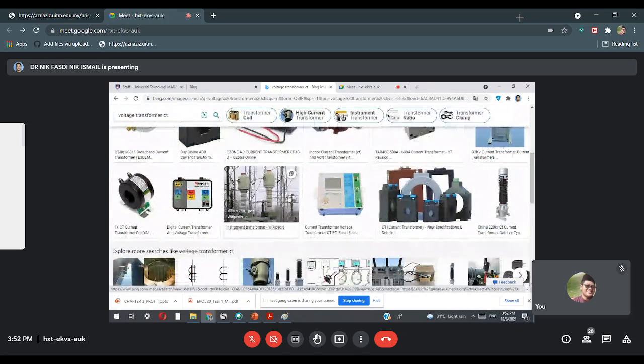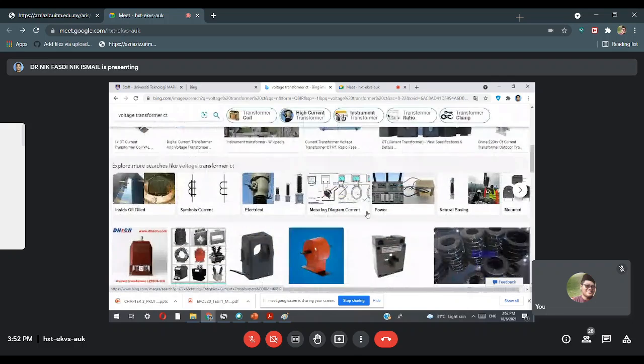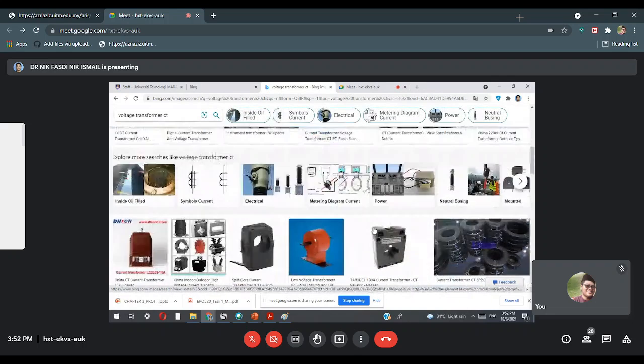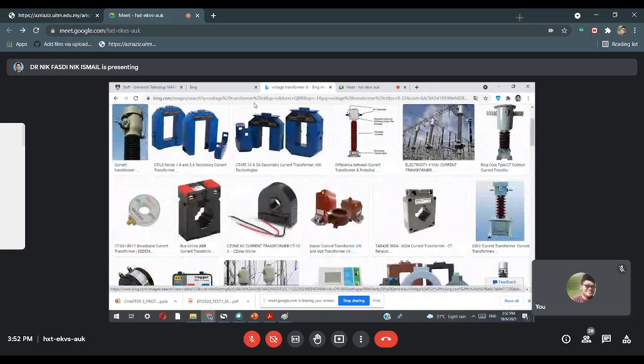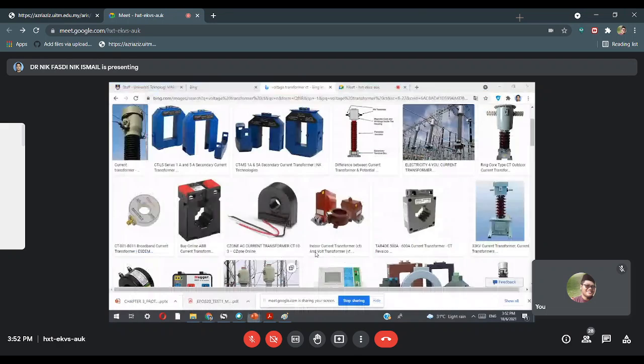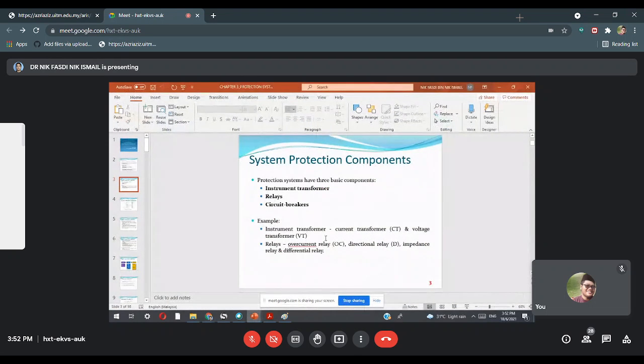Macam ni bentuk dia. Dia nak step down the voltage, sebab you nak turn on and off relay, you tak boleh guna the actual fault voltage. You can step down, kan. Okay, so that's the current transformer and voltage transformer.